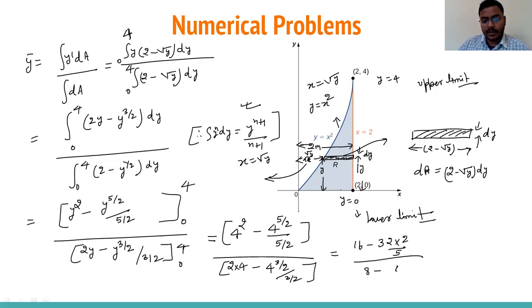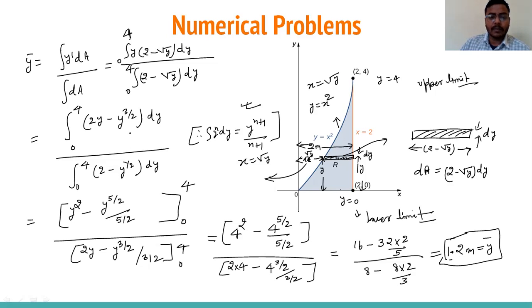We will cancel, so it will be 8 into 2 divided by 3. So by solving, we will get the value, that is 1.2 meter. So y bar we got 1.2 meter.